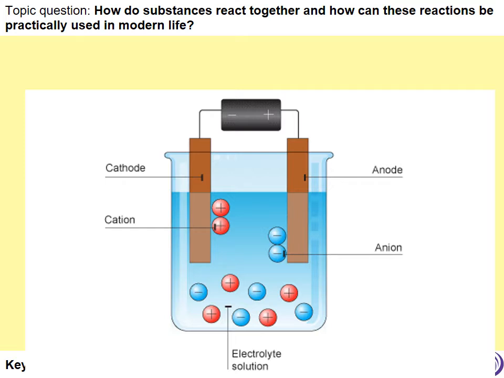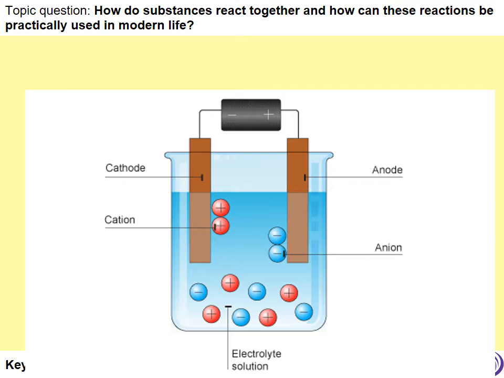And if you follow the positive down to the anode, you can see that the negative ions, the anions, are being attracted to that. And on the left hand side, where we have our negative electrode, the cathode, the positive ions are being attracted to that. The solution, or the liquid, is an electrolyte.